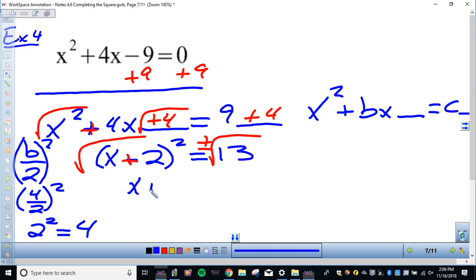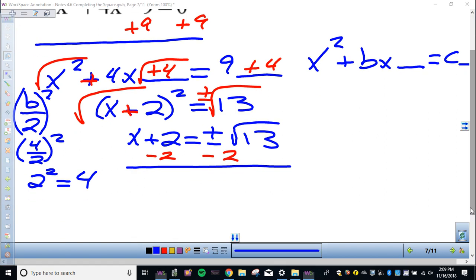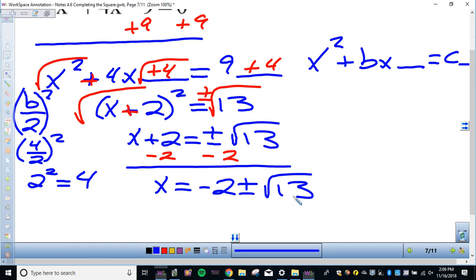You get x plus 2 equals plus or minus square root of 13. What's the last step? Yeah. Minus 2. So we end up with x equals negative 2 plus or minus square root of 13.